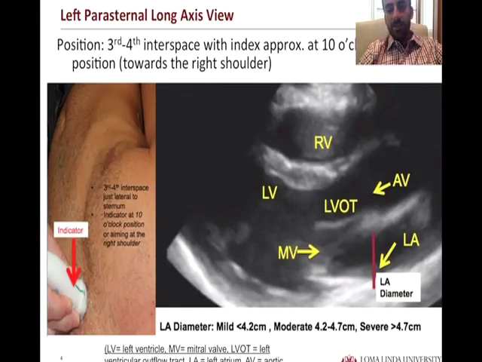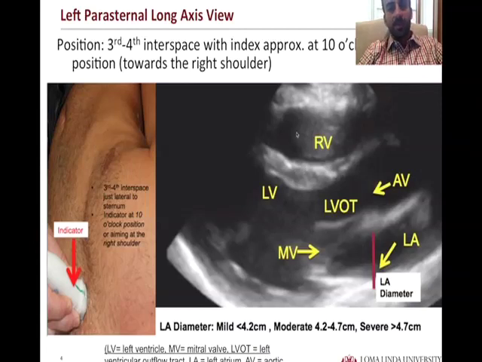Particular structures of interest that we will see here: we get a nice long axis of the left ventricle. We'll be able to identify the mitral valve, the left ventricular outflow tract, the aortic valve, and the left atrium. Because our ultrasound probe is literally right on top of these structures, we have the shortest depth to our cardiac structures of interest.